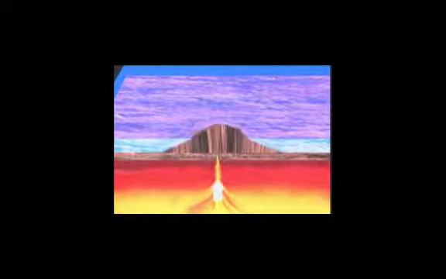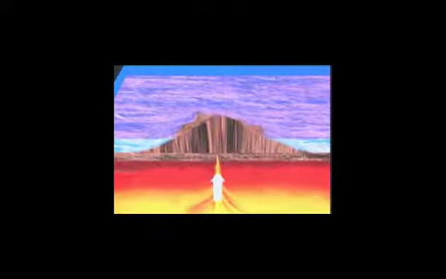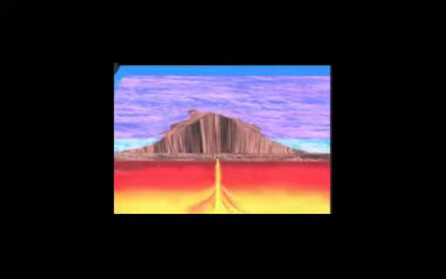Hotspots are stationary. The one beneath Hawaii has existed here for over 70 million years. But as we have seen, the Earth's plates are not stationary. As this plate moves, it carries the newly formed island with it. As more magma rises, it starts to build another dome all over.